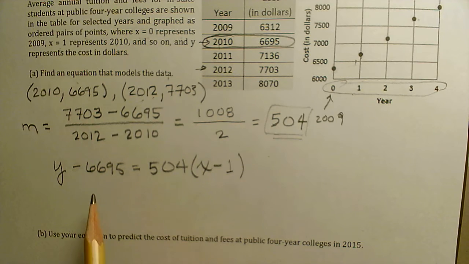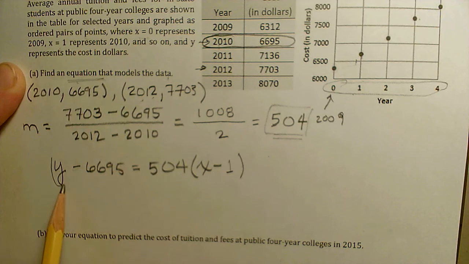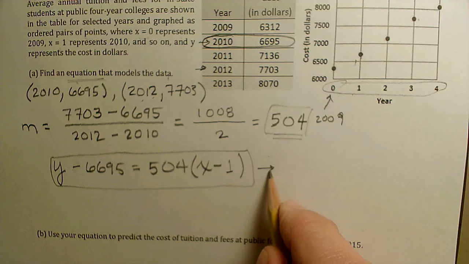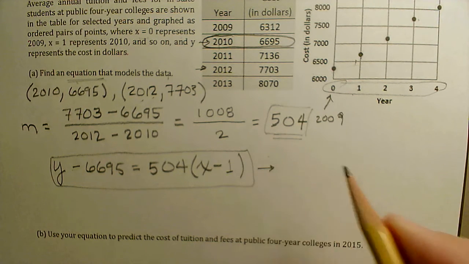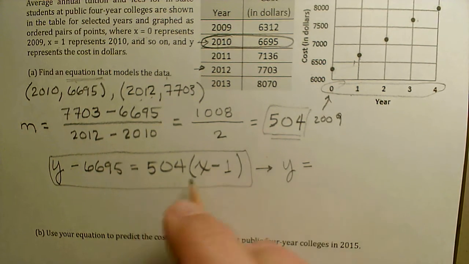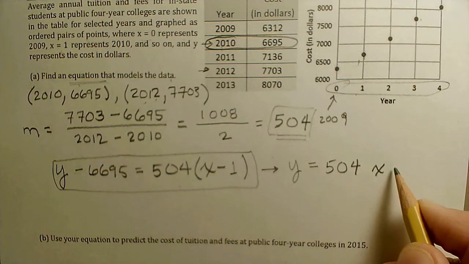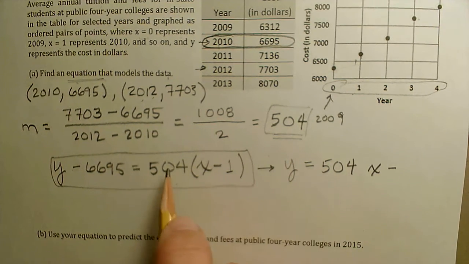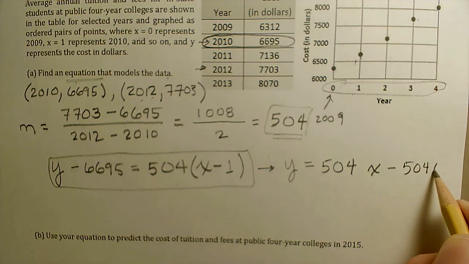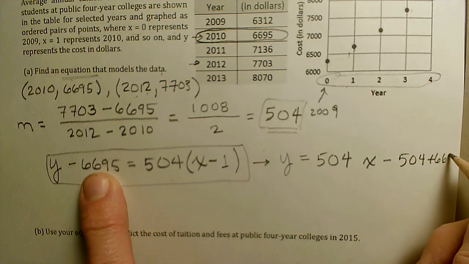That's a perfectly good equation. It doesn't say what equation to use. But let's go ahead and convert that to simply y equals mx plus b. So we'll want to distribute this. We get 504x, and then we distribute to the 1 as well, minus 504, and then plus the 6,695.